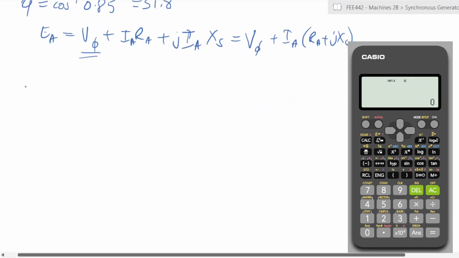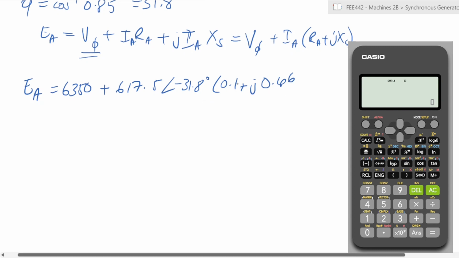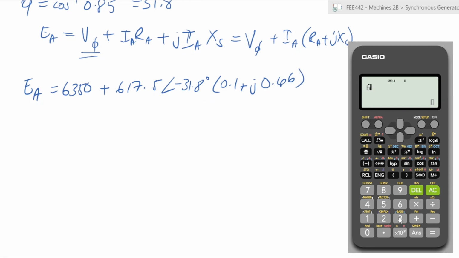Okay, so EA is 6350 plus 617.5 at an angle of negative 31.8 degrees into 0.1 plus J 0.66. So that gives us 6350 plus 617.5 at an angle of negative 31.8 times 0.1 plus 0.66 j.